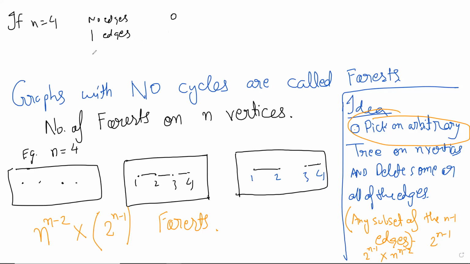Just saying one edge or two edges is not enough, right? You have to decide which of the four are in one component, which of the four are connected, and what is the partition? Here the partition is two and two, right? So even if you go for two edges, there are many ways in which you can do that. You have to consider all partitions of the set of four, and then build trees. That also gets very complicated. Yeah, so that gets pretty complicated.